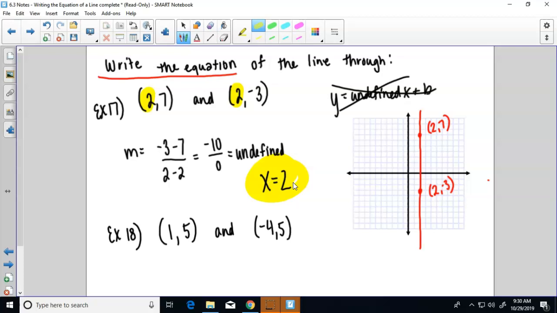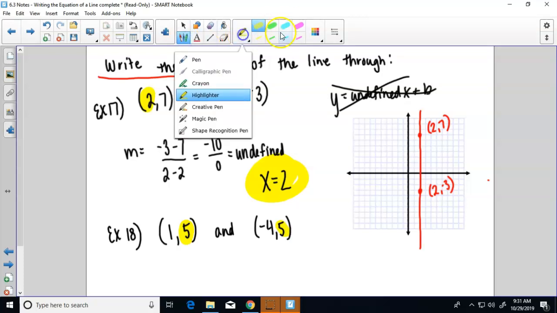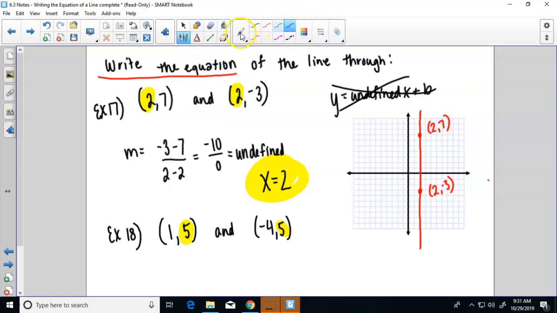Alright, so if you notice it right away, for example, on number 18, if I notice right away I have a y coordinate of 5 and a y coordinate of 5, they're the same. I can go right ahead and say the answer to this is y equals 5.